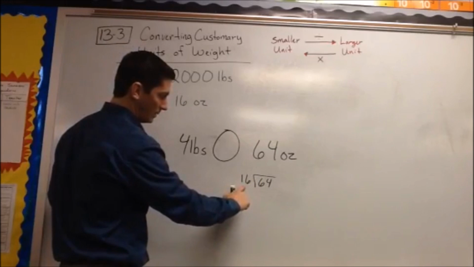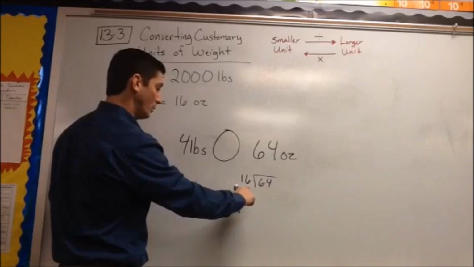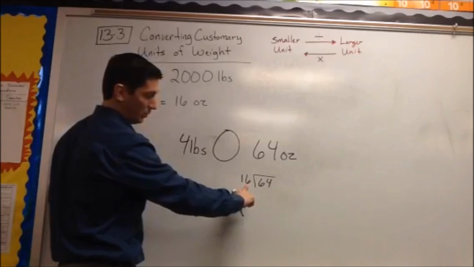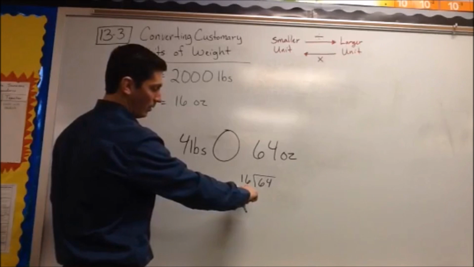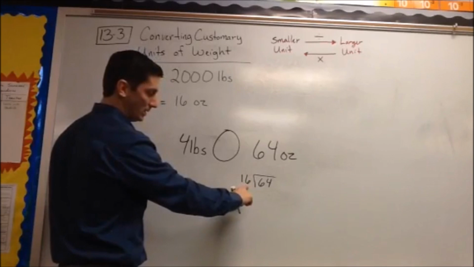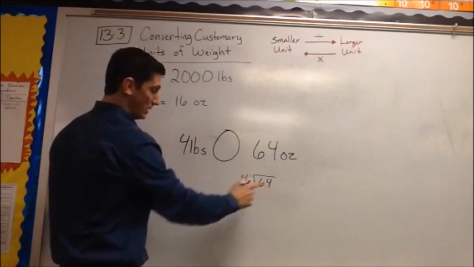I know 16 times 2 is 32. I want to double that to get to 64.